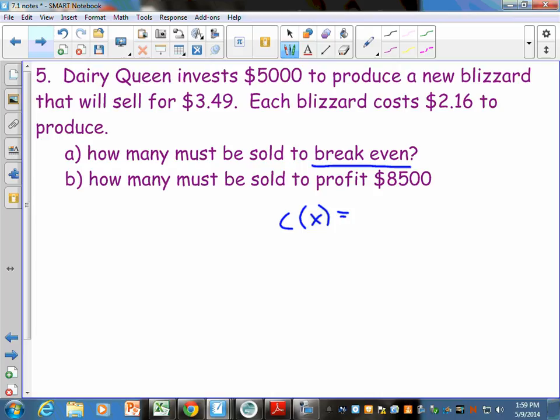But how much does it cost for me to make these blizzards? $2.16 per blizzard, right? So how would I write that in the equation, if X is the number of blizzards? Is that my only cost for these blizzards? What else? So it's like this startup fee of $5,000.